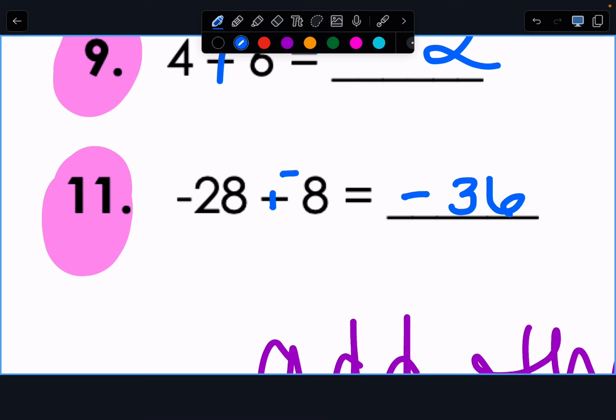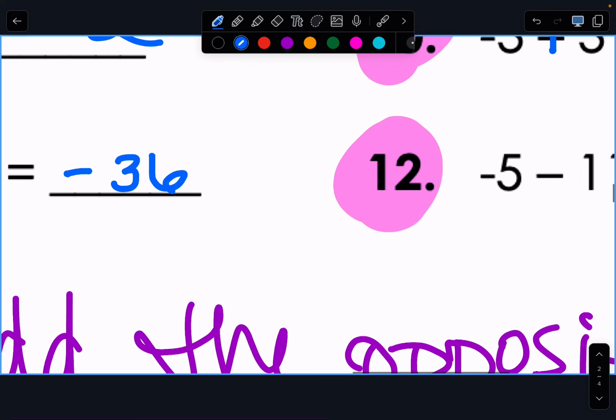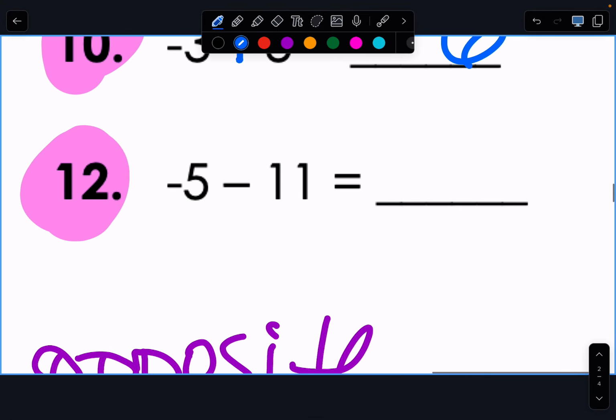Make sure if we're going to add the opposite, we're making 2 marks. We're making the subtraction sign a plus. And then in this case, we're taking our positive number and making it negative. Okay. All right. -5 minus 11. It's subtraction. Let's add the opposite. Okay. Tegan, what do you have for number 12? -16. Beautiful. If we add the opposite, we have -5 plus -11.